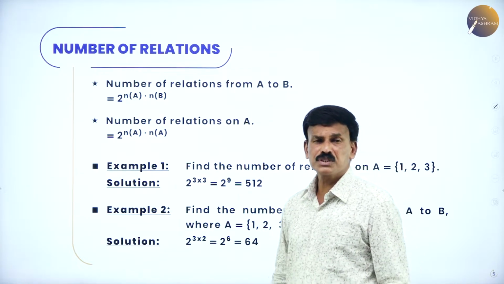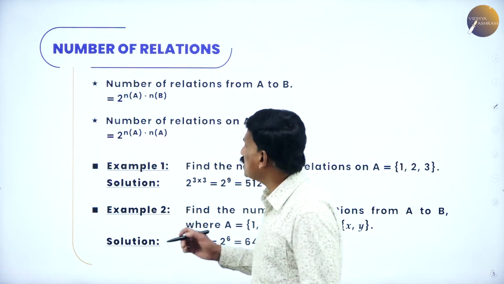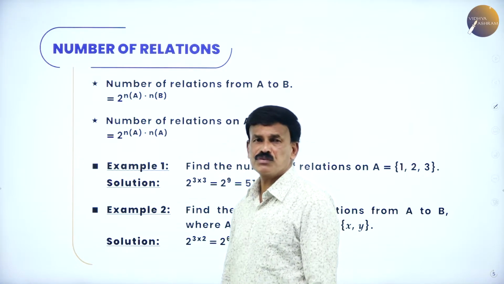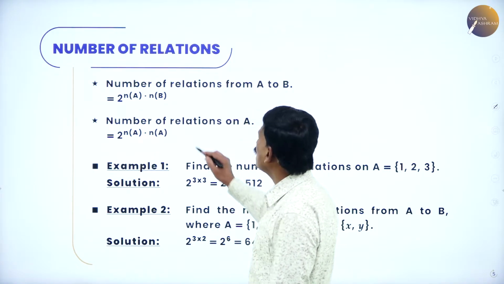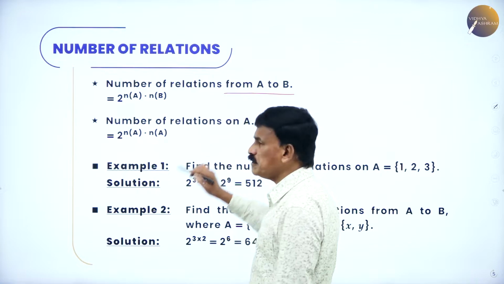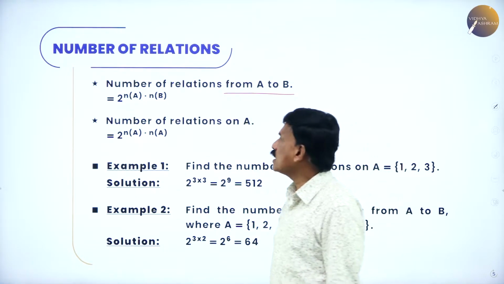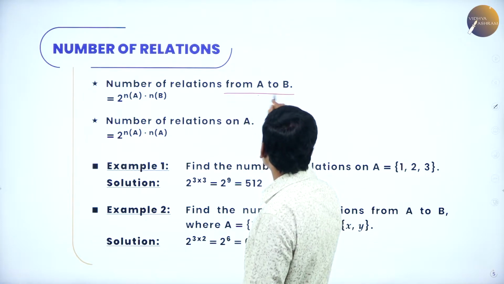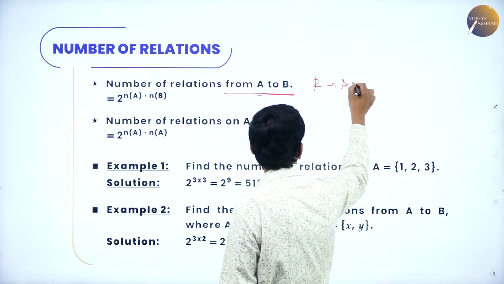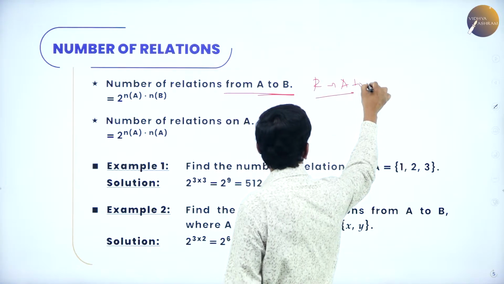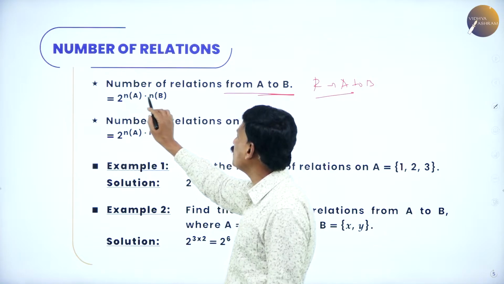Now let us come to some important concepts. You may expect this type of problems for 1 mark or 2 marks. If A and B are any two non-empty sets, then the number of relations from A to B is given by 2 to the power of n(A) times n(B).